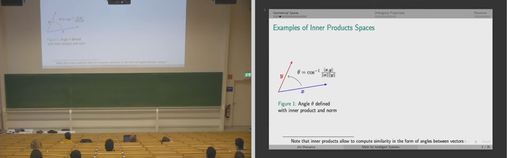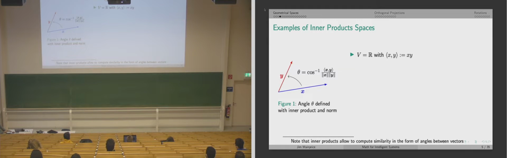So an inner product gives us the general intuitive notion of an angle between vectors. So, an inner product for the real numbers, so one-dimensional vector space, is simply x times y.